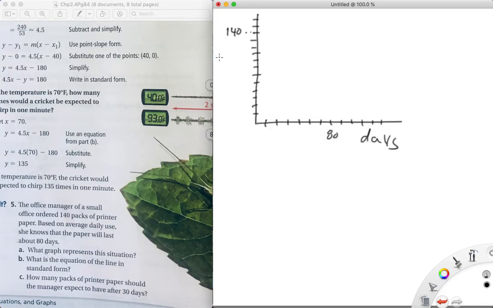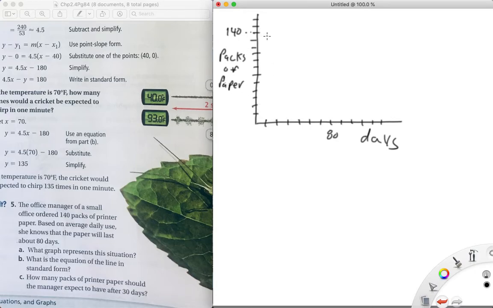This would be packs of paper. So time is usually your x-axis, or temperature. So that's the indicator for why I put days down here and packs up here.